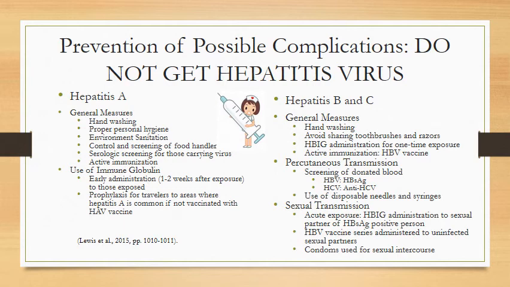To prevent transmission through sexual activity, use condoms for sexual intercourse, and hepatitis B immunoglobulin administration to the sexual partner of a Hep B positive person, and vaccine as well.